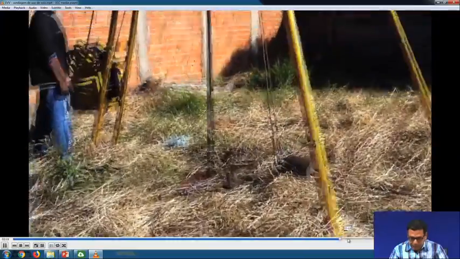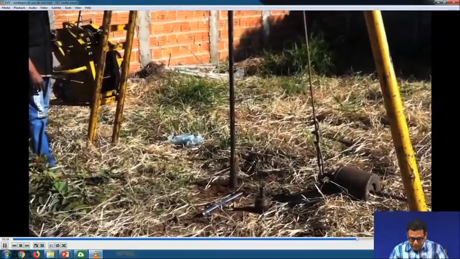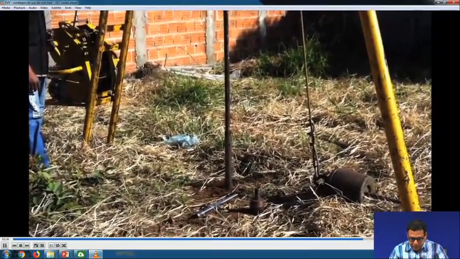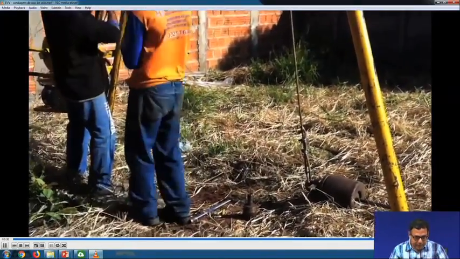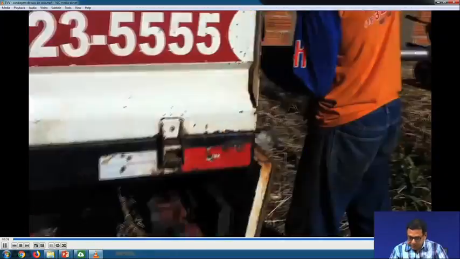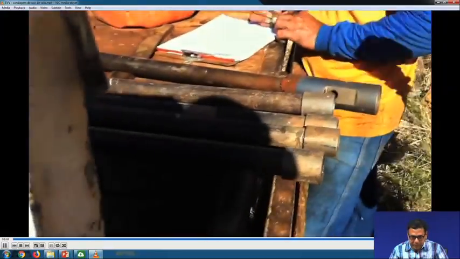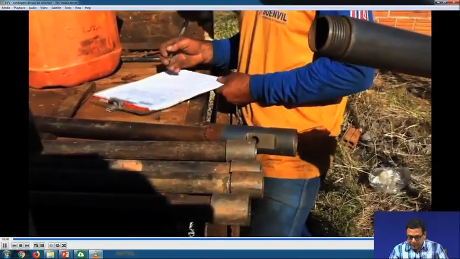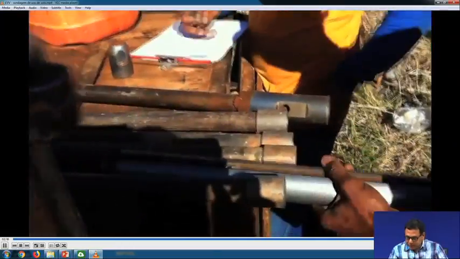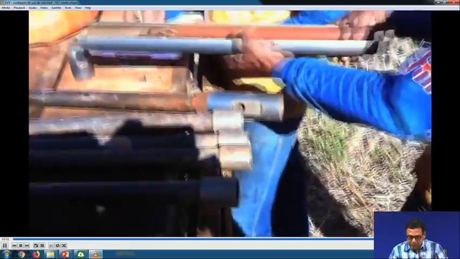This is the drill rod and this is the sampler tube which is taken out from the soil, and then the sample will be collected. First the cutting edge is removed, and these are the two halves, and this is the soil sample which is collected from the ground at the required depth.